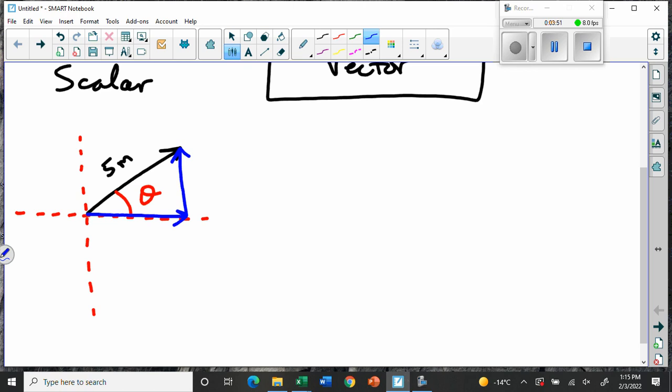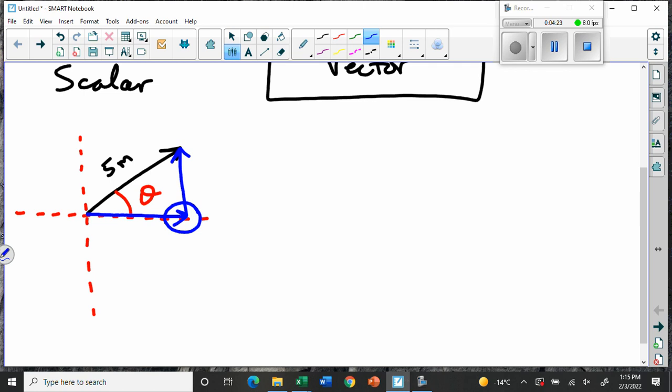So the blue arrows are oriented tip to tail. The tail of one is touching the tip of the other. And they start and end with the black arrow. They start at the start of the black arrow and they finish at the end of the black arrow. So the two blue arrows add together to make the black arrow. If you move in these two blue directions at the same time, you will trace out the black arrow, right?